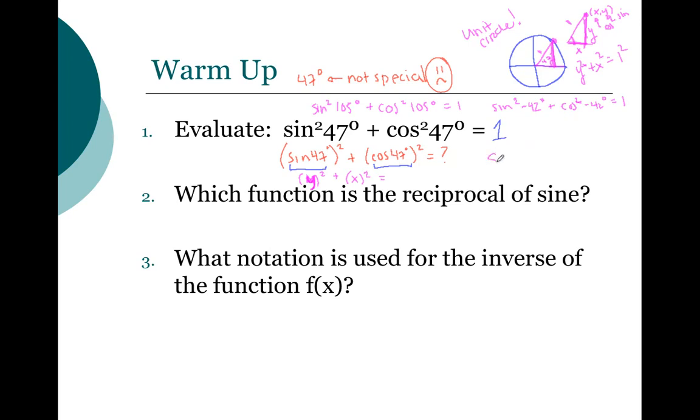So really, this is an identity, right? Sine squared of some angle plus cosine squared of some angle is always going to equal 1. And that's just coming from the equation of a circle, right? x squared plus y squared equals 1, or equals the radius squared. It's because 1 is the radius.